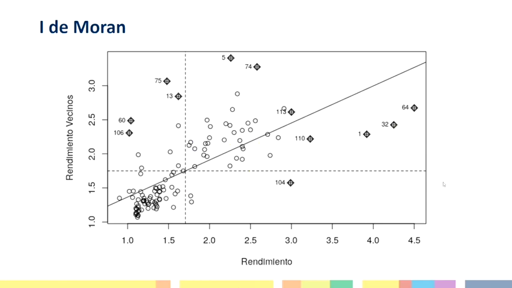This would be independent data, and the value of 1 would be a perfect correlation, when the values are correlated. A correlation of -1 would be a negative correlation, because I always have a high value close to a low value.